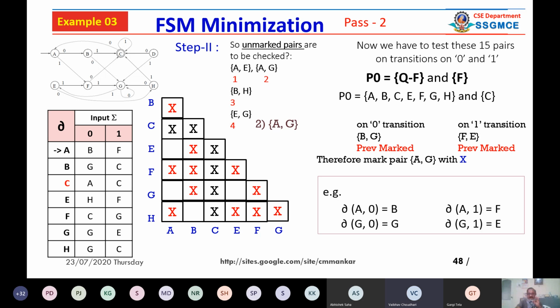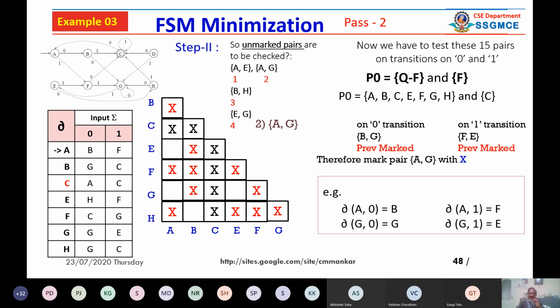It means that BG is distinguishable and FE too; this is the output of transition of AG on 0 and 1. So these are previously marked. So ultimately we are going to mark AG as a cross.